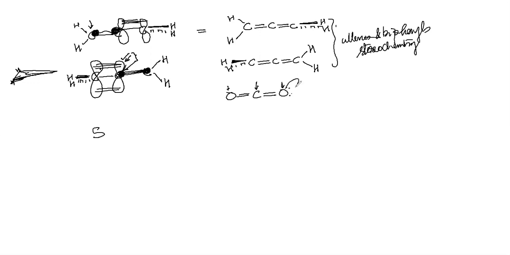These lone pairs here will be in the plane of the board, and these lone pairs here will be in the perpendicular plane. Just like allene.